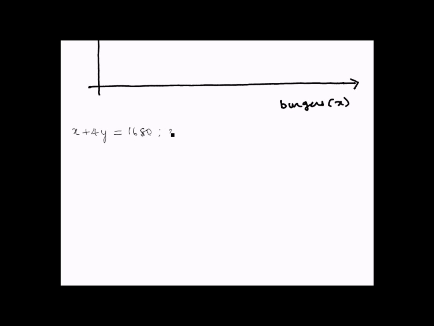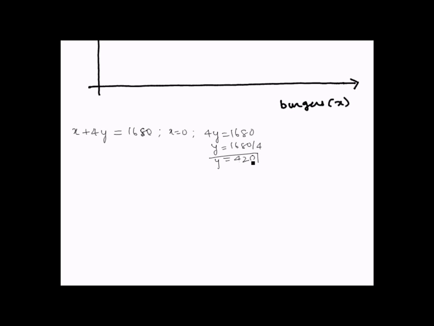So considering x is equal to 0, our equation becomes 4y is equal to 1680, or y is equal to 1680 divided by 4. This is equal to 420.